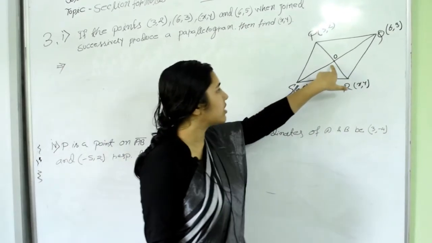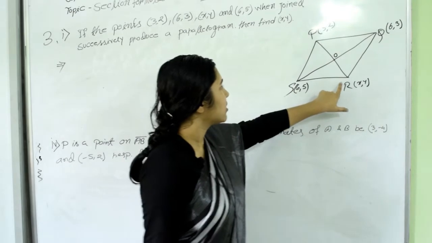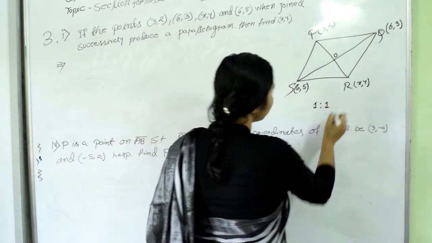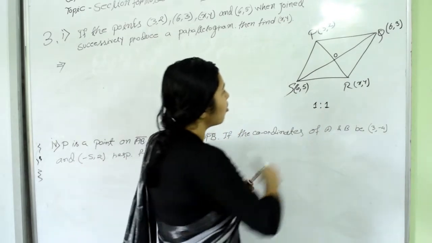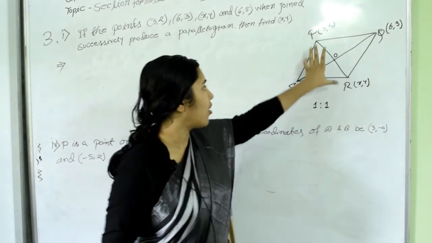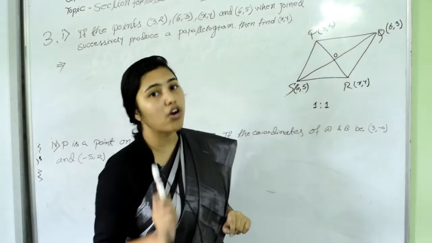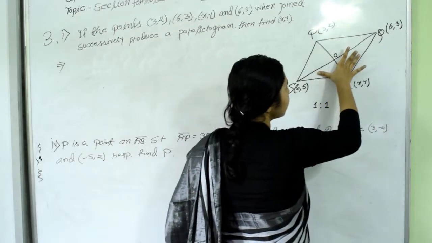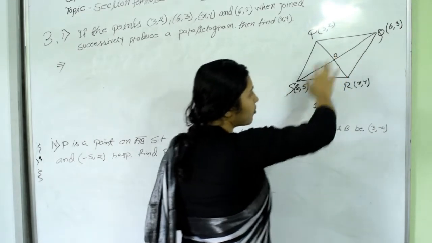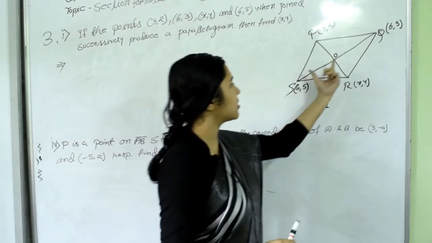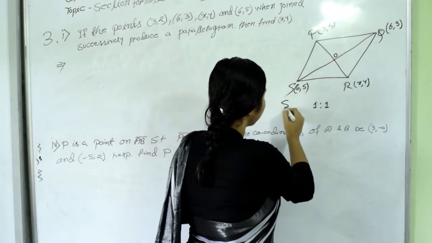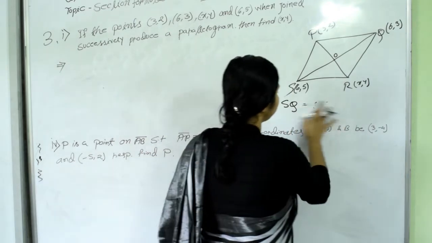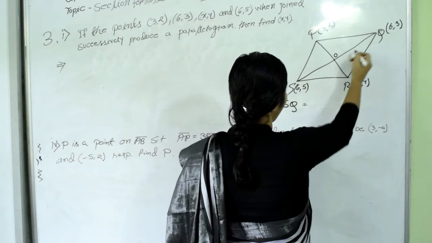Then we know that this point O divides the line segment PR in the ratio 1:1, which means O is the midpoint of the diagonal PR and also O is the midpoint of the diagonal SQ, which means this one point O also divides the line segment SQ in the same 1:1 ratio.